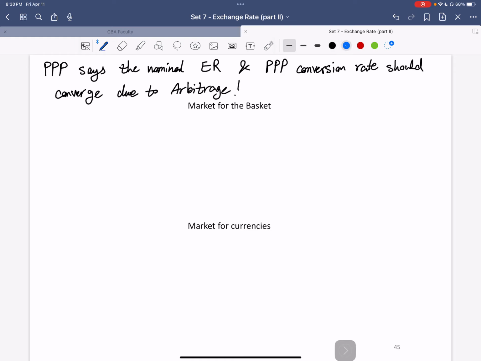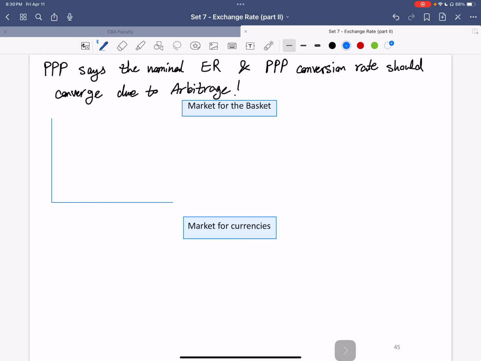What arbitrage is? Let's say we have a market for the basket and a market for the currencies. Let's draw the graph for each of them separately.